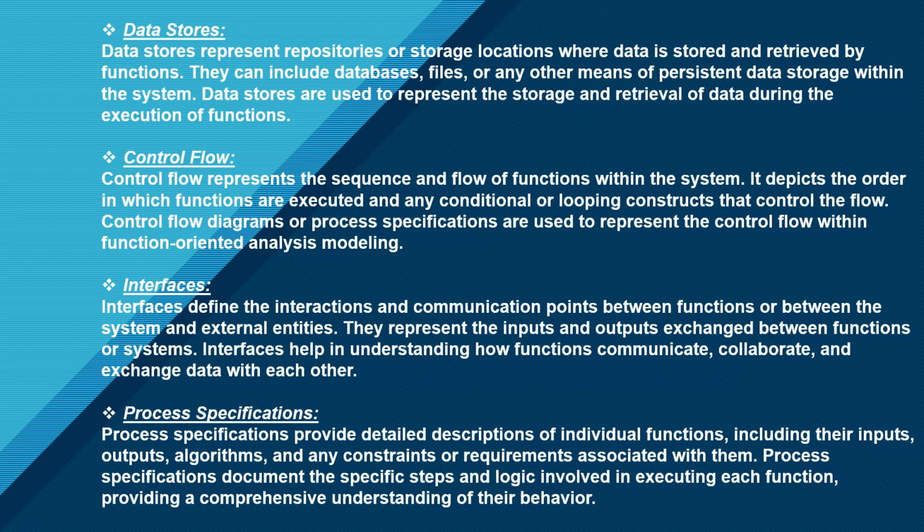Interfaces are defined as the interactions or communication points between the functions or the system and the external entities, and they are used to represent the inputs and outputs that are exchanged between the system or the function. And the last one is process specifications, which helps in the description of individual functions, including their inputs, their outputs, algorithms, and any constraints or any requirements associated with them.